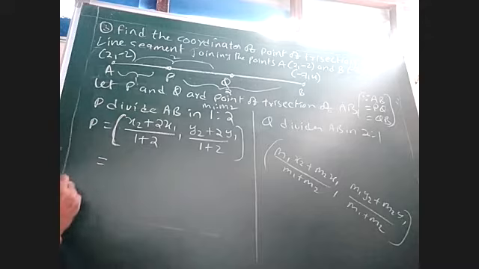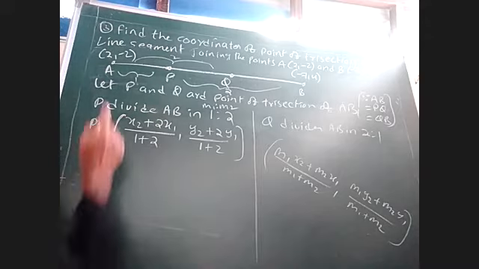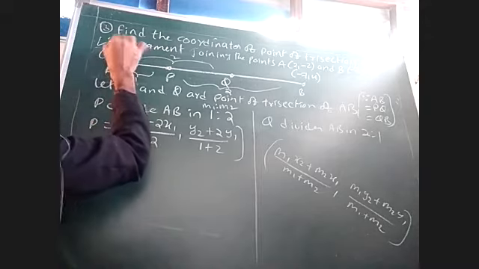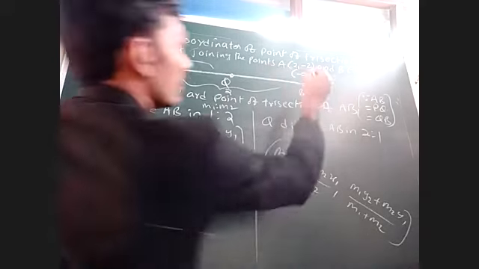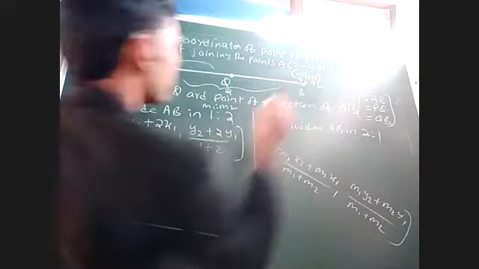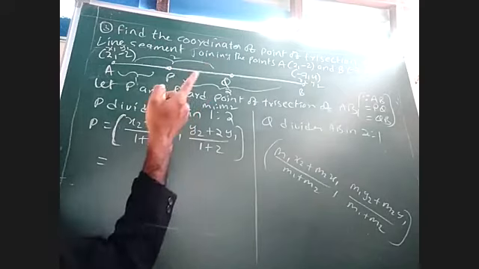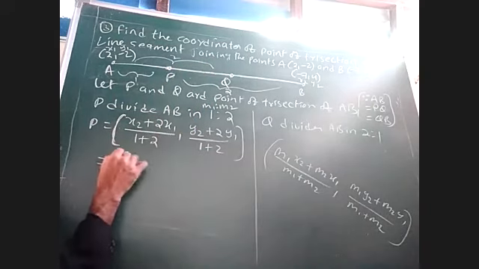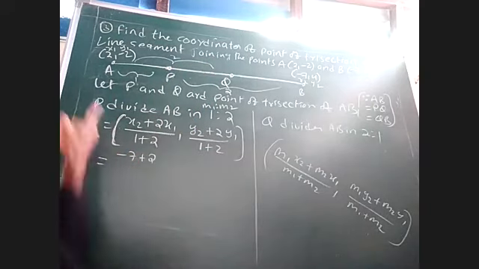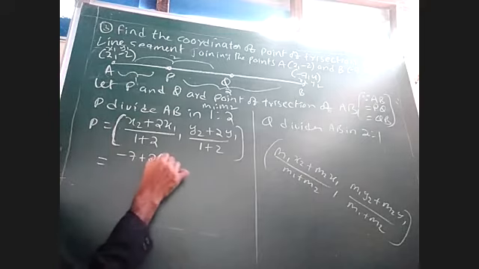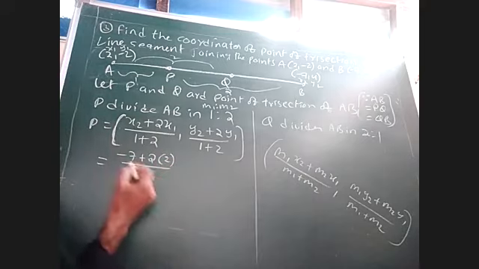Next, see, the A coordinates we can write as x1, y1 and the B coordinates as x2, y2. For x, we have to write the abscissa value of B, that is minus 7, plus 2 times the abscissa value of A, that is 2, whole divided by 3.